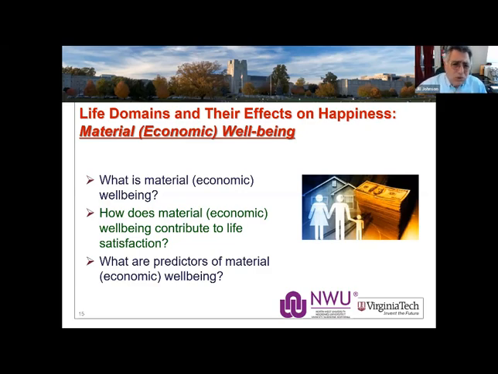I like to use the word predictor because we're social and behavioral scientists, and it's very difficult to prove causation. So, in the natural hard sciences, it's easy to talk about determinants, a cause. One thing causes another, and that becomes a determinant.